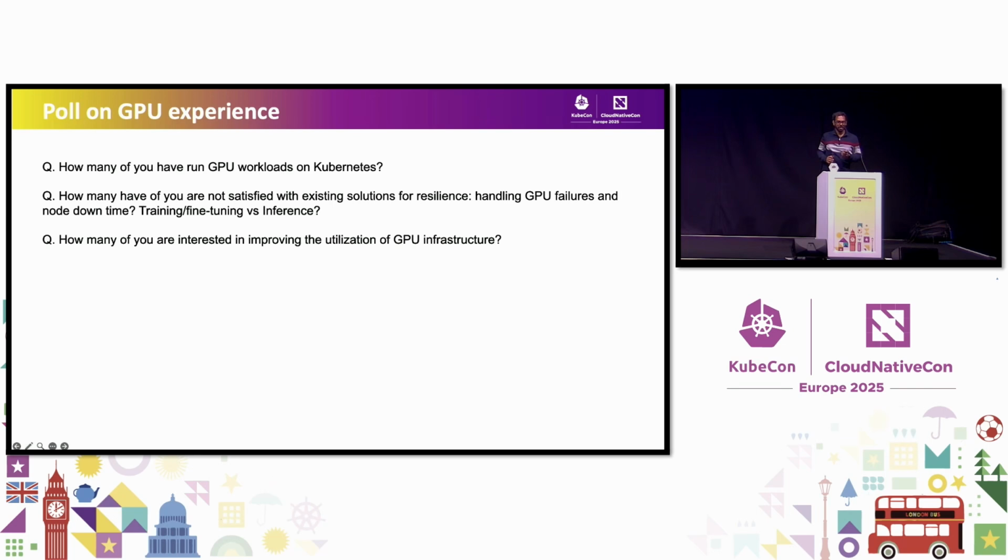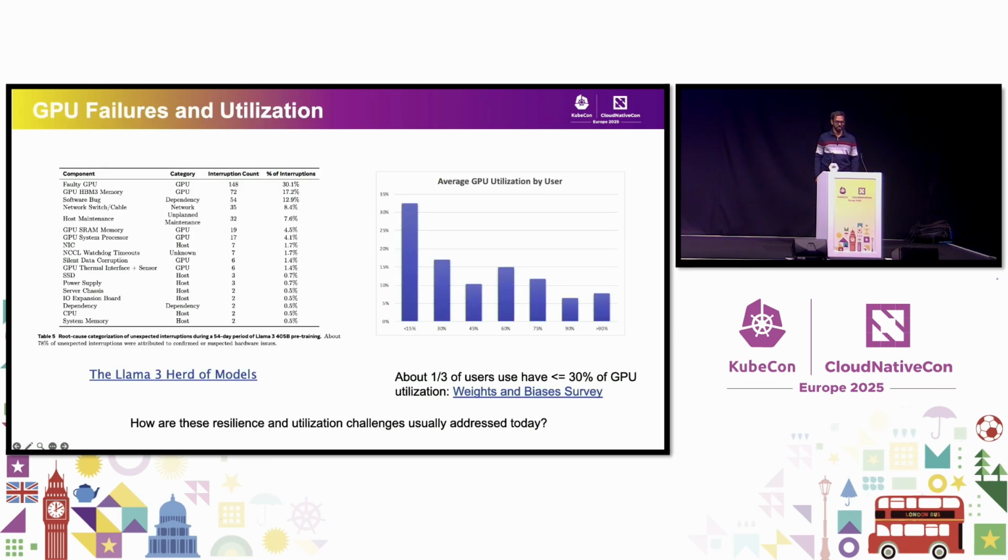And then finally, how many of you are focused on improving the utilization of your GPU infrastructure? OK, awesome. Almost all of you raised your hands, which is good to know, because GPUs are expensive, and you could probably save several $1,000s of money by improving the infrastructure utilization.